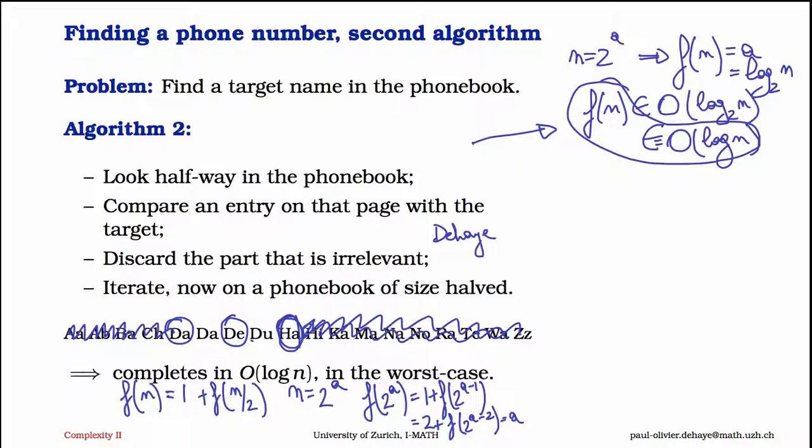You would never find me, because at D, you would have to go through already a substantial part of the phone book. So that was the second algorithm. And you can see, thanks to this evaluation of the complexity, that we've formalized the fact that this algorithm was much better than the previous one.